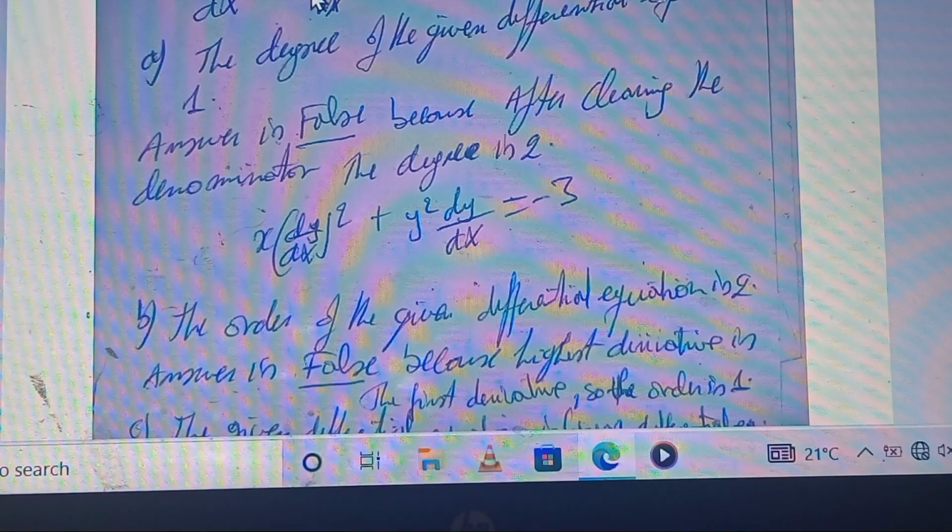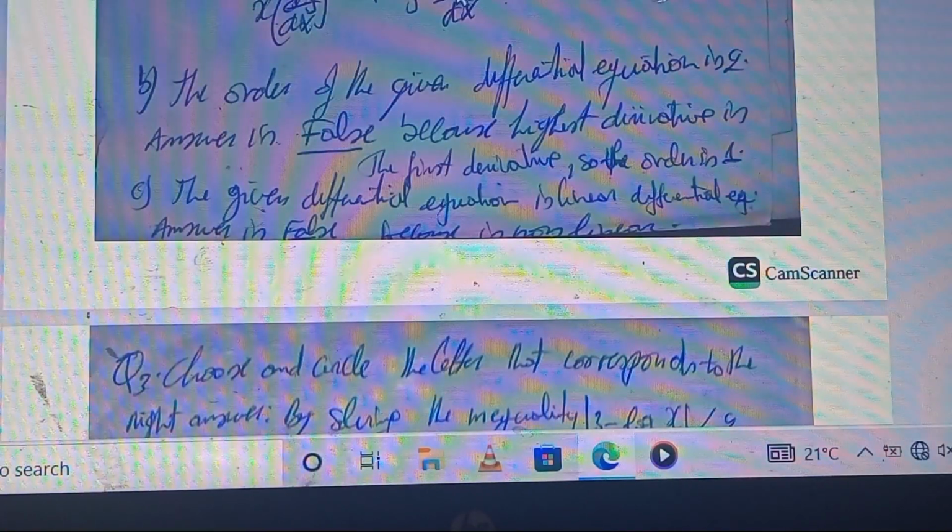But when you put it over a common denominator, it becomes x squared, meaning the power of the derivative is 2. That's the reason why here it is false. I show you that equation after I put it over the denominator. B. The order of the given differential equation is 2.